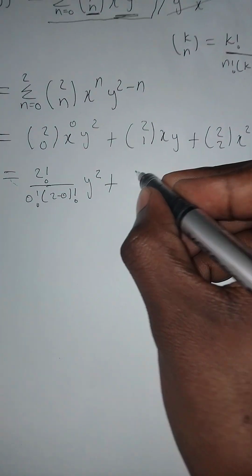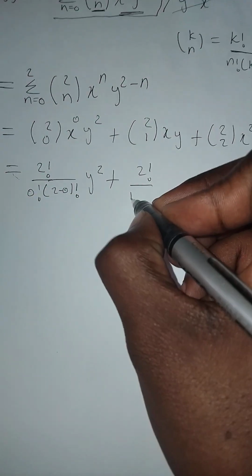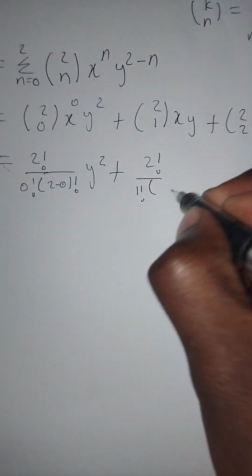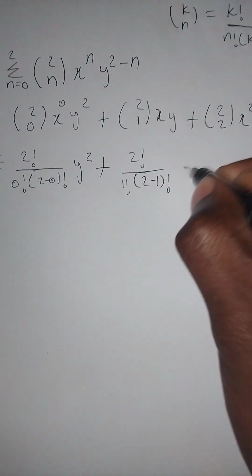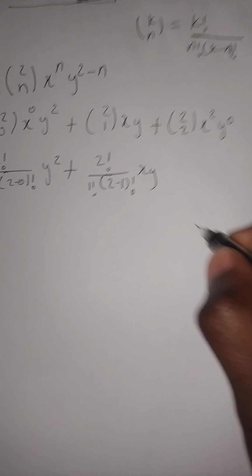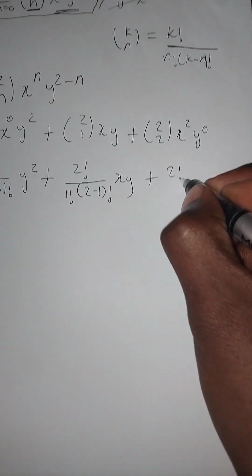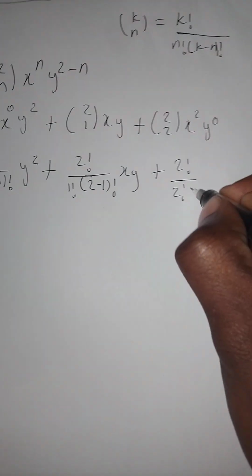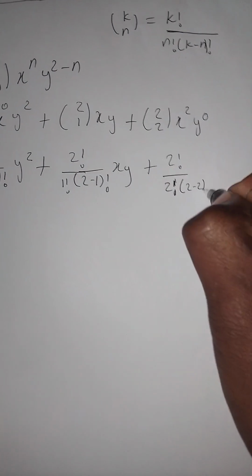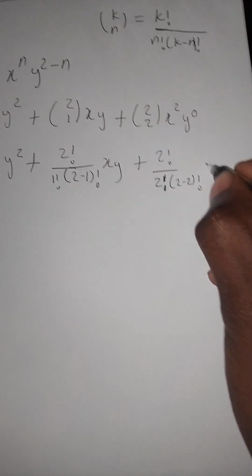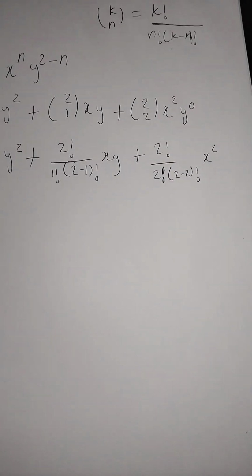Then plus 2 factorial divided by 1 factorial times (2 minus 1) factorial, then xy. Then plus 2 factorial divided by 2 factorial times (2 minus 2) factorial, then x squared, and y to the power 0 is 1.